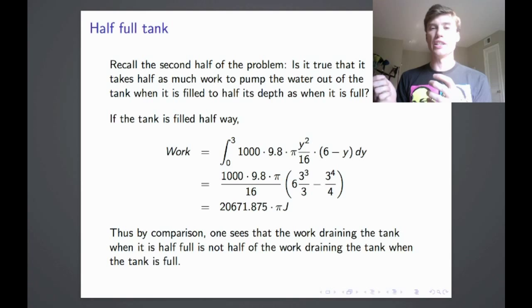So it's interesting to see how these things balance out. In this particular case, the work done is less than half. So the lesson is you have to be careful with what your intuition leads you to believe.